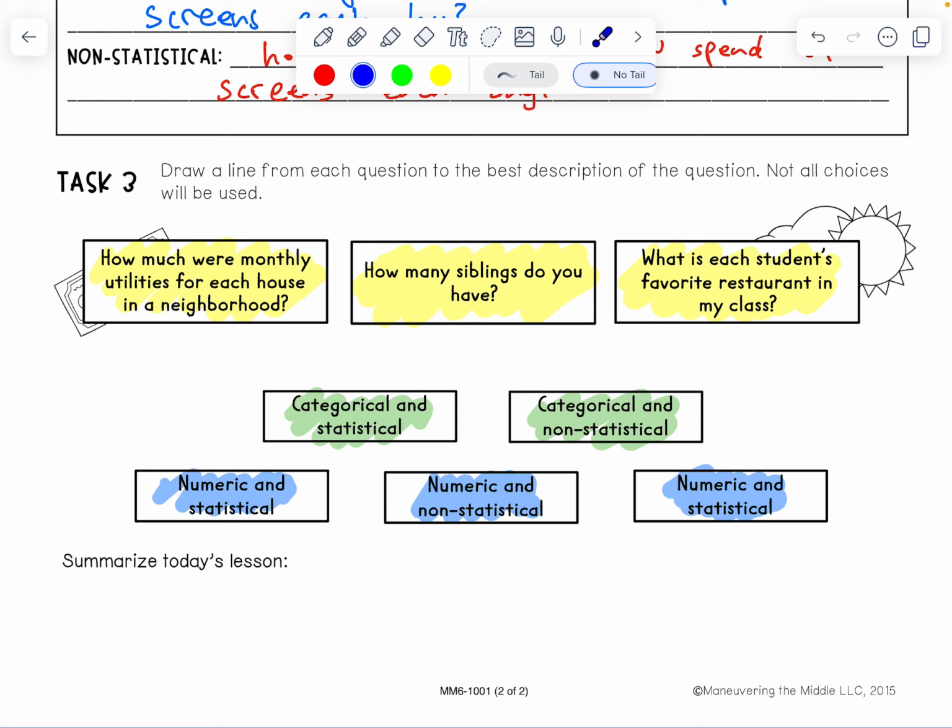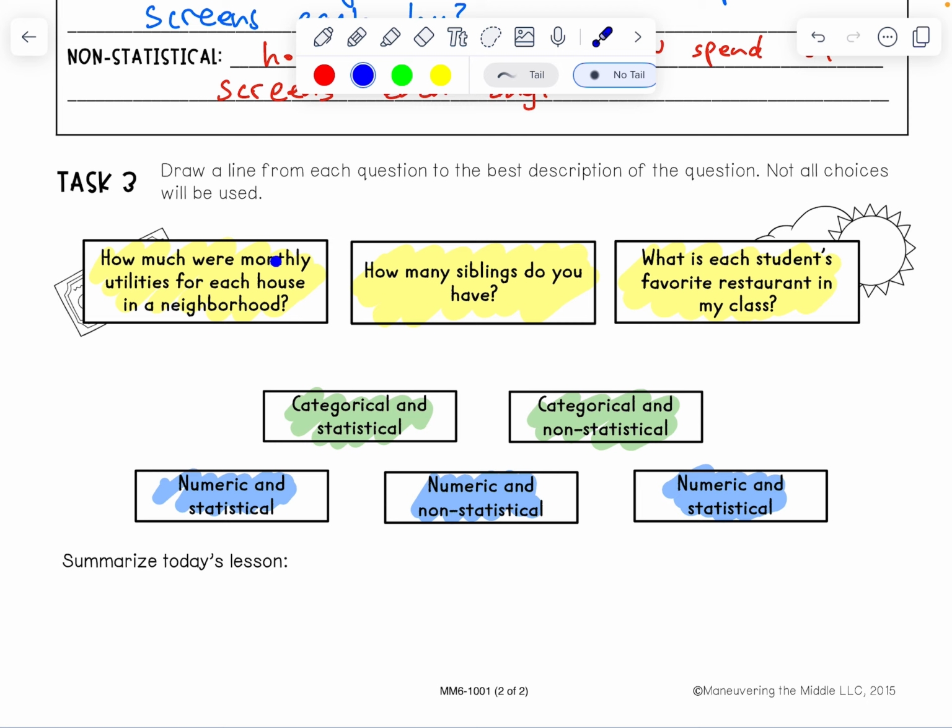I just realized it says numeric and statistical here, and this also says numeric and statistical. So 2 of these are the same. Anyways, let's read the questions. How much were monthly utilities for each house in a neighborhood? Okay, so how much?